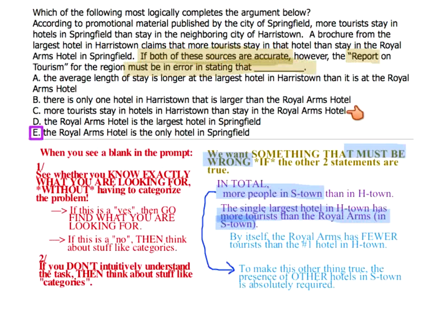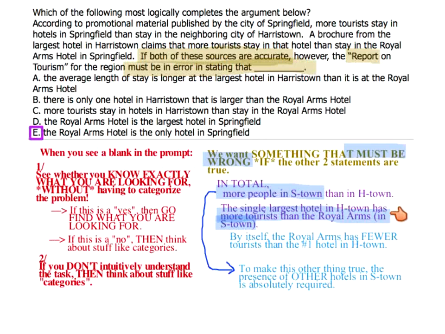C, more tourists stay in hotels in Harristown than stay in the Royal Arms. Not only does this not have to be wrong, but this is actually definitively true. Because we already know that you can find one hotel that contains more people than the Royal Arms.